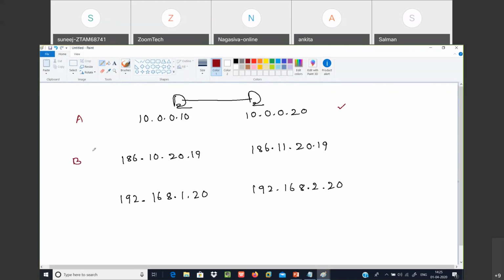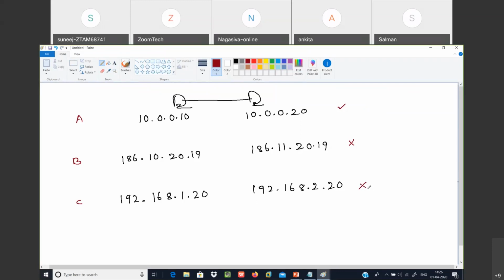Class B. Will they communicate, guys? No. Very good. They don't communicate because of different network portions. The last case, which class IP address? Class C. Perfect. Now, in the last case, can both PCs communicate, guys? No, because of different network portions.